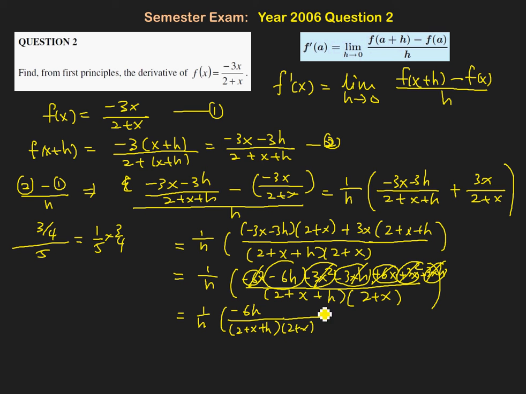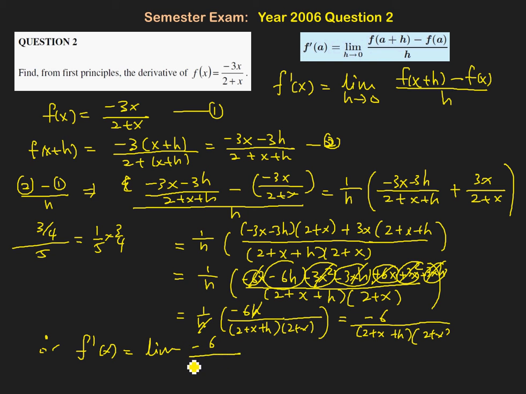okay. But this can be simplified further as follows. So we're left with negative 6 over 2 plus x plus h, and 2 plus x. And finally, the limit f prime x is the limit of this thing, negative 6 over 2 plus x plus h and 2 plus x, as h tends to 0, so there's no trouble if we substitute h by 0 now.